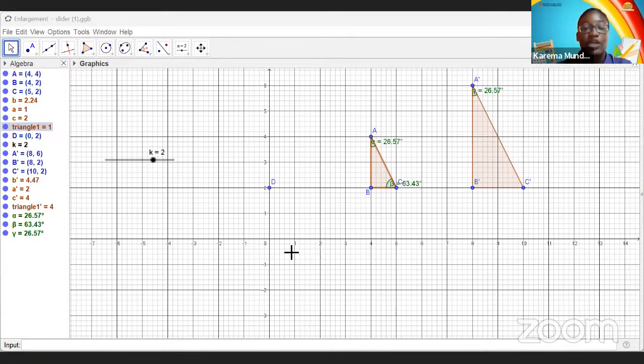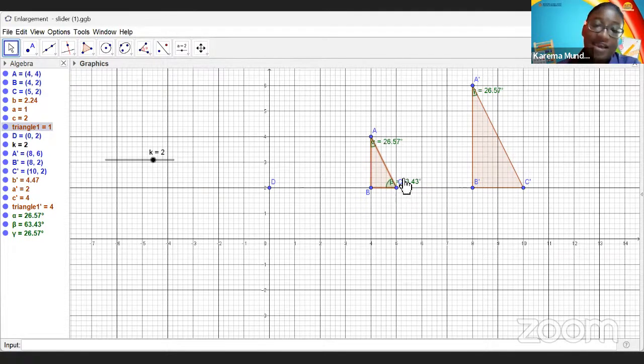All right. Now I want to touch on a few other things. Let's keep on looking at AB and A prime, B prime. So apart from the fact that the lengths have been doubled, is there anything else? Think about what you know about lines.